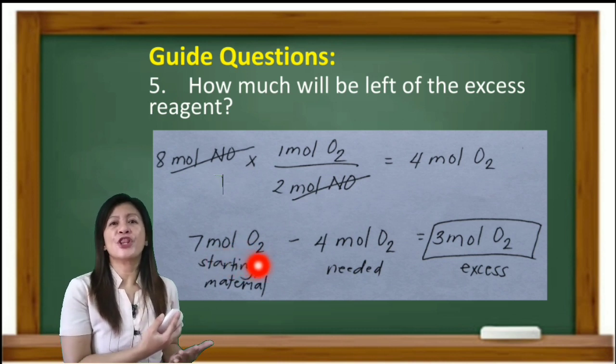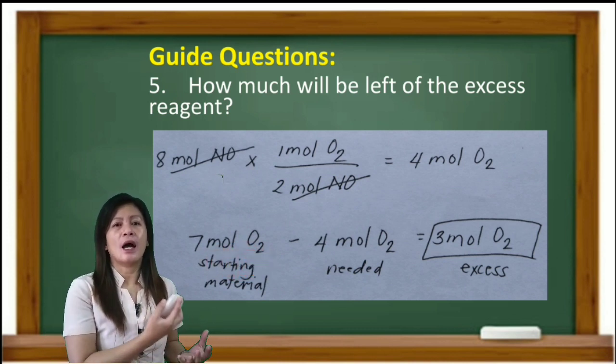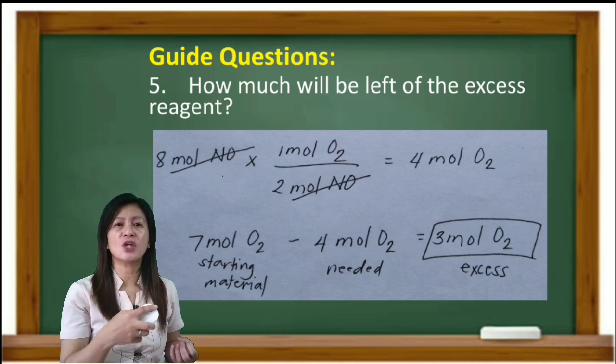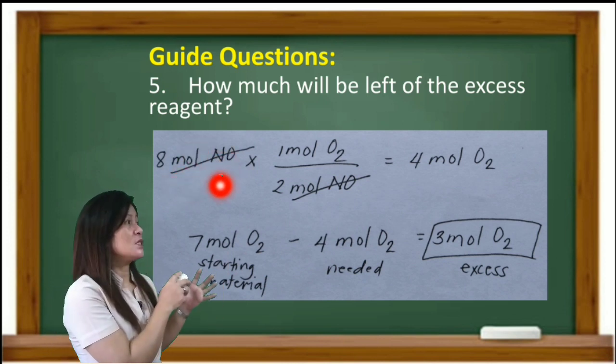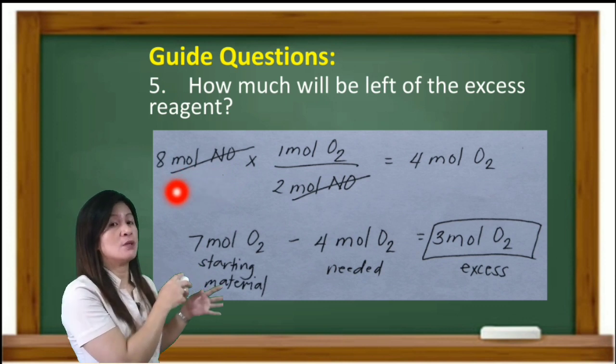To compute the excess, we first determine the number of moles of oxygen needed to react with 8 moles. Again, the initial amount of the limiting reagent is 8 moles of nitrogen monoxide.